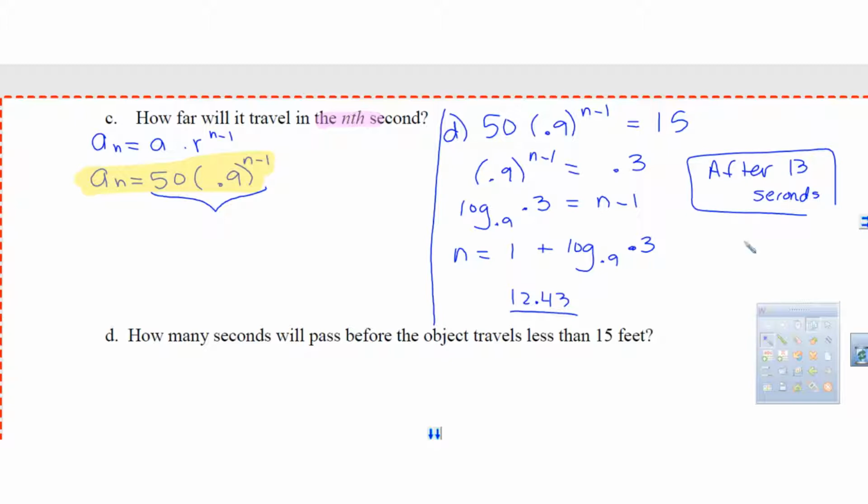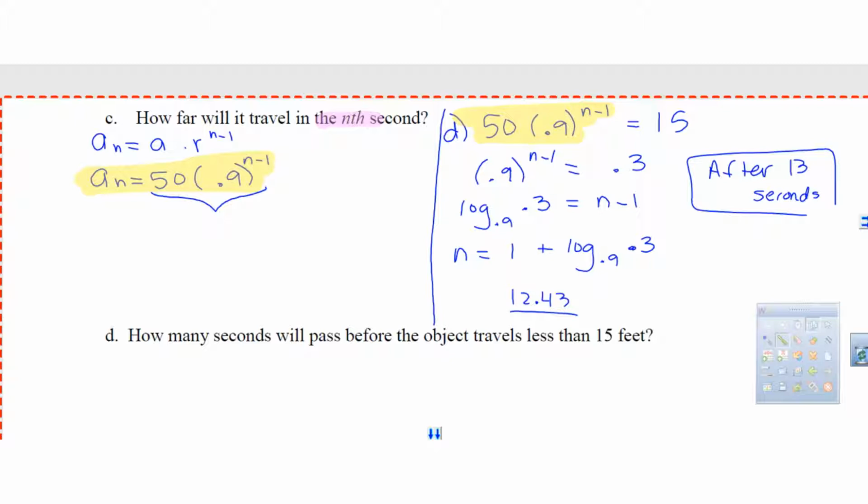I want you to look right here for just a second. Okay? This is going to help you understand this. See this equation right here? I want you to put a 12 in for n. This will tell us how far it goes in the 12th second. Do this with me. 50, parenthesis, 0.9, close it, raise it to the parenthesis, 12 minus 1, close it off, enter, I get 15.69.